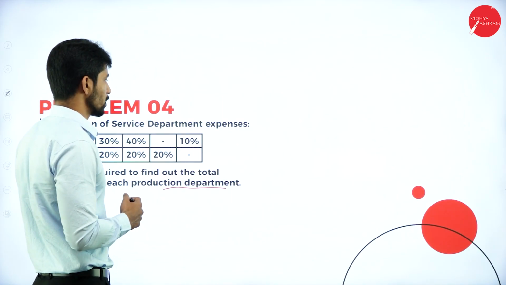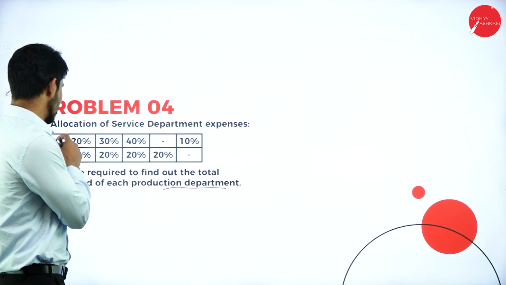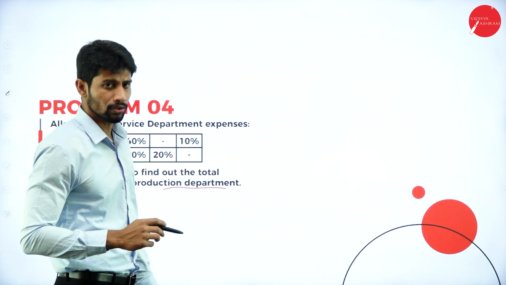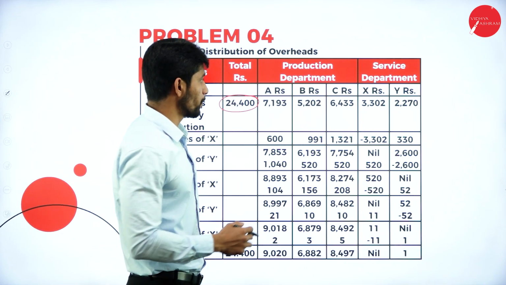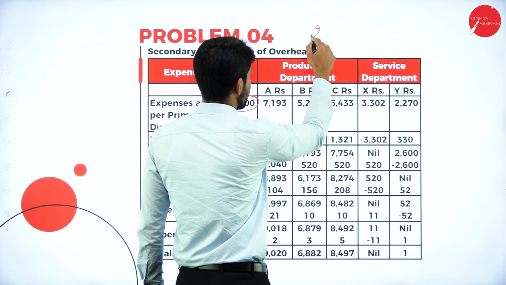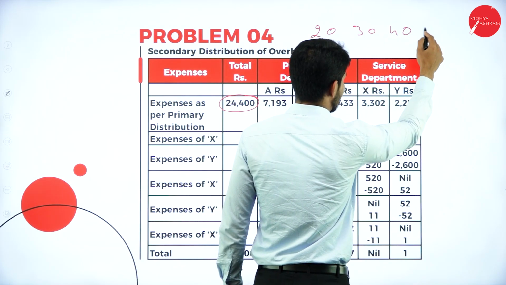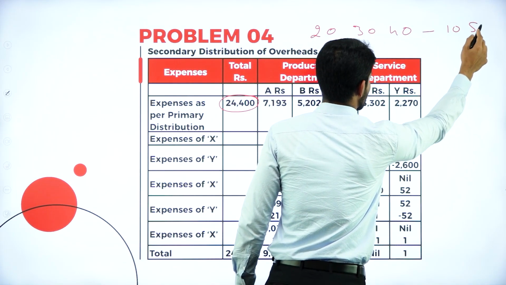It is based upon the ratios given in the problem. You can see here, for service department X, the ratio is 20 is to 30 is to 40 is to 10. This is S1.